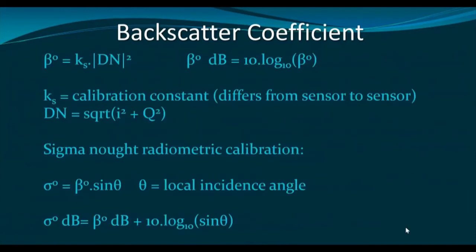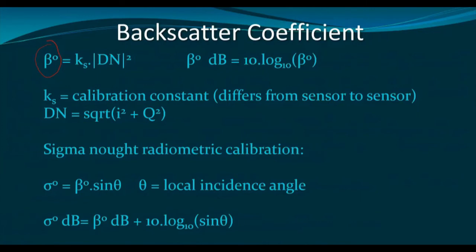Now let us try to understand how these values are generated in digital image processing or in SAR image processing. In case of beta naught, how is the beta naught calculated? The beta naught is calculated with the product of Ks and Dn square. How can we get the Dn?